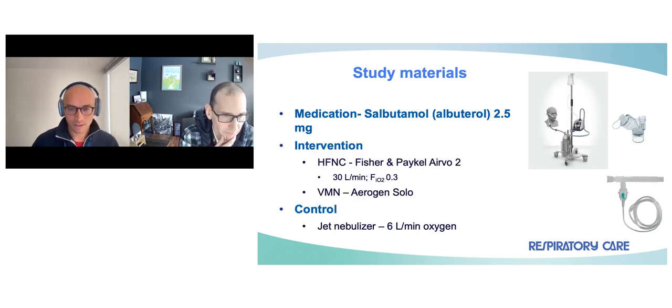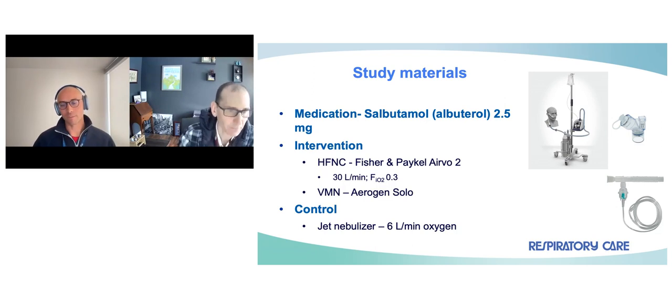That's correct. The vibrating mesh nebulizer was placed in line in the circuit on the high flow, and that was compared to a jet nebulizer. I'm sorry that this has a mouthpiece, but it was an aerosol mask jet nebulizer. So the question was correct. It was not superimposed on one another. Okay, that's what I thought too.